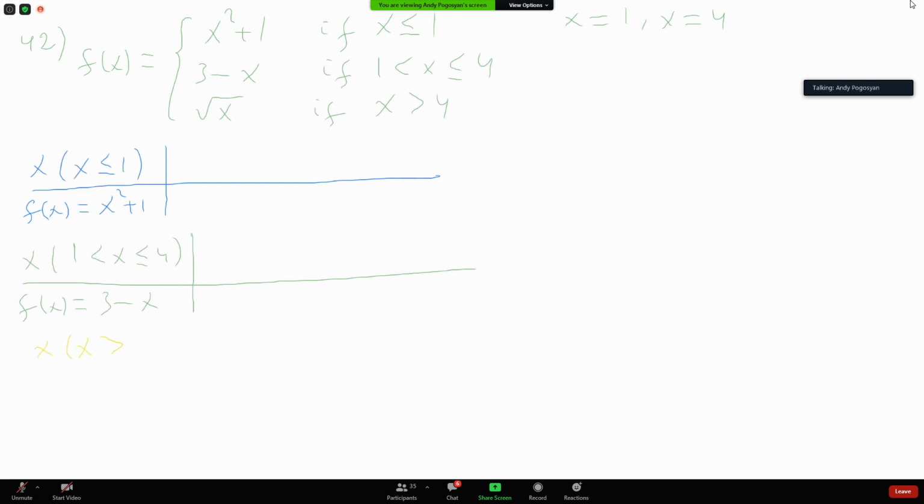For x greater than 4: f of x is square root x. Now a few points for each of them. The graph.